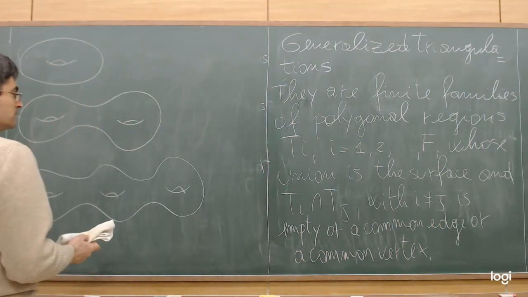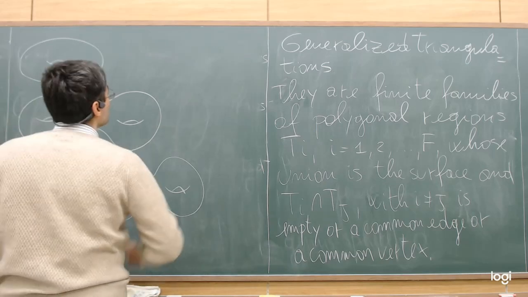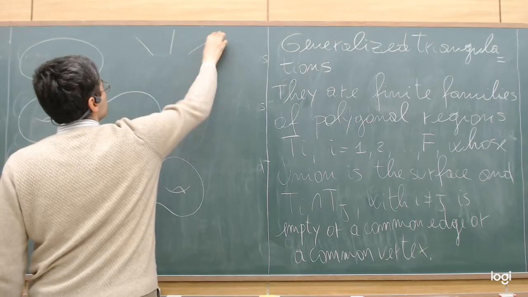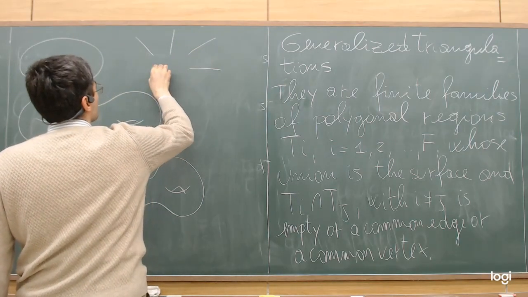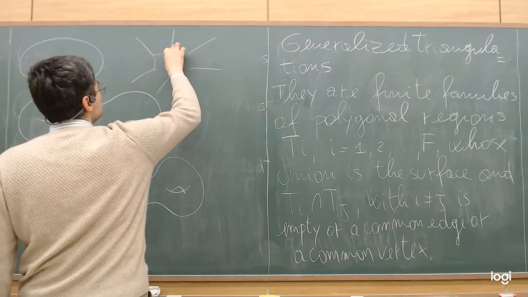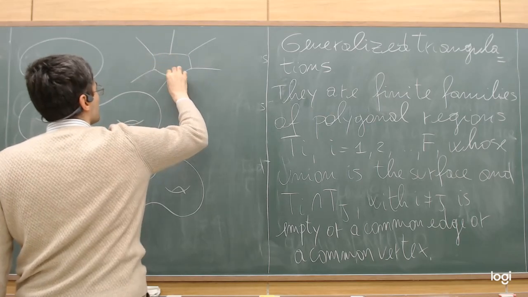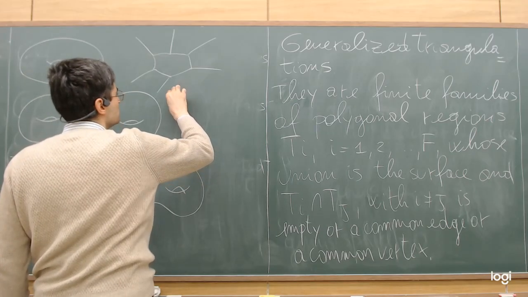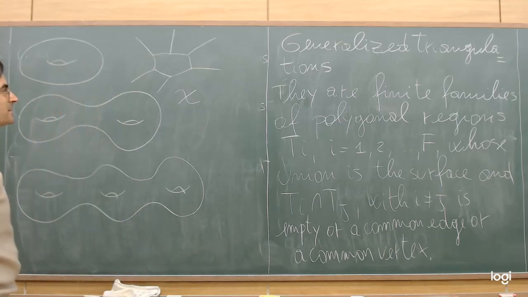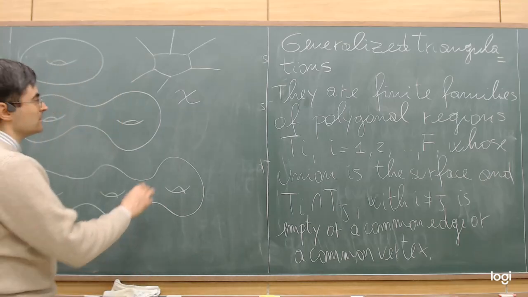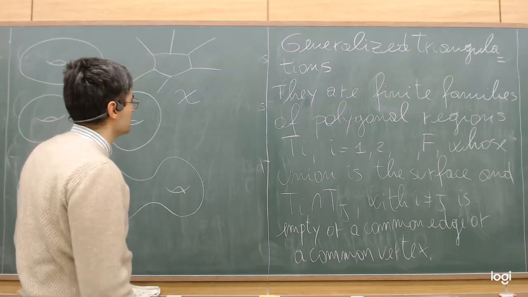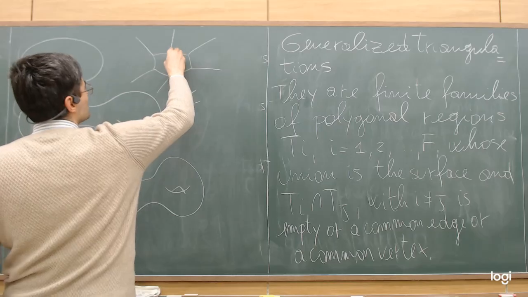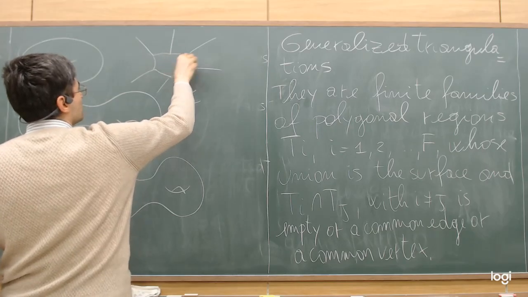For example, suppose that you have a generalized triangulation like this, and suppose that you want to compute the Euler characteristic using this triangulation, and you want to show that you get the same value if you consider a triangulation made of triangles.